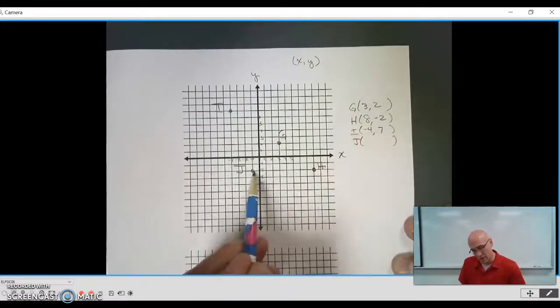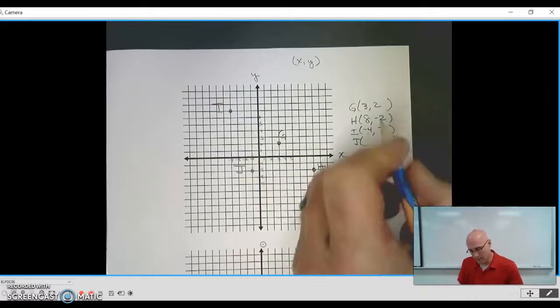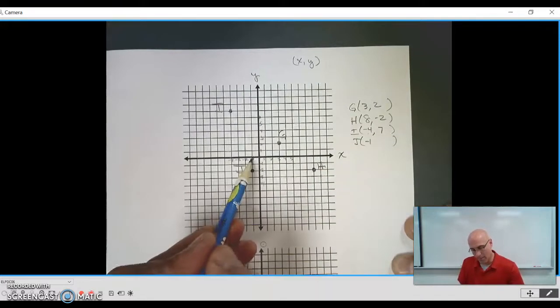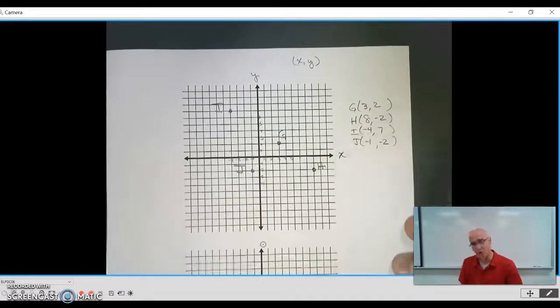Now, point J is right here. So we started at the origin. We're going to count 1 to the left, which is negative 1. And then we are going to count 1, 2, and we went down, so that is a negative 2 in the y. So that coordinate is negative 1, negative 2.